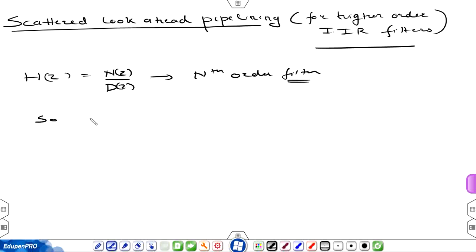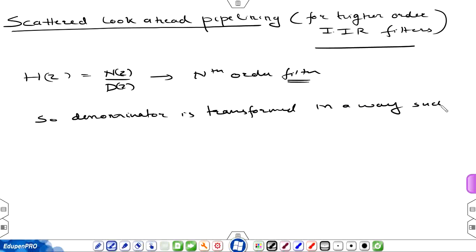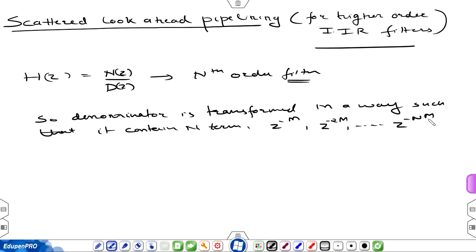Okay, so the denominator is transformed in such a way that it contains n terms like z raised to power minus M, z raised to power minus 2M up to z raised to power minus NM, where n is the order of the filter.